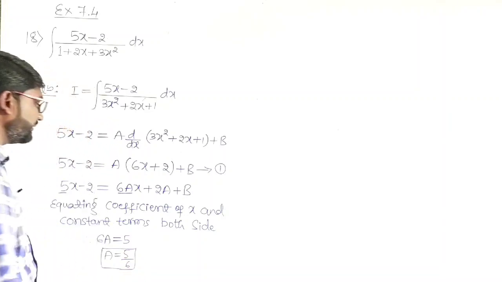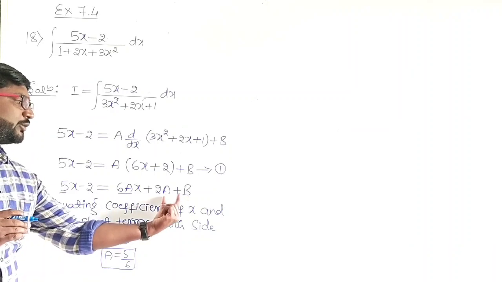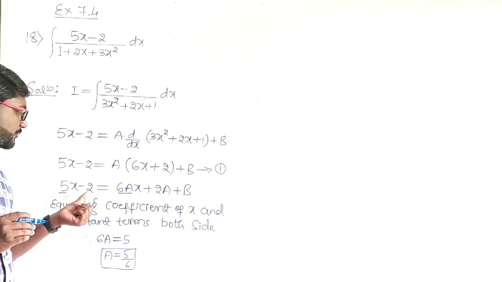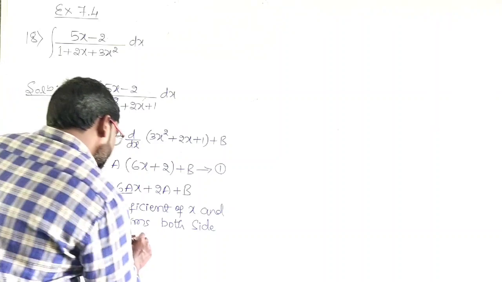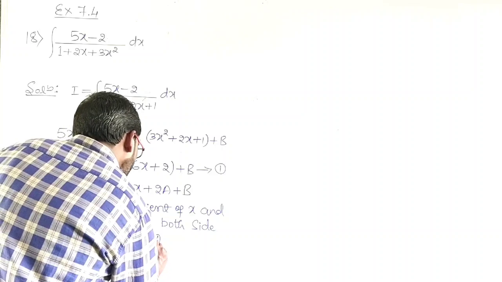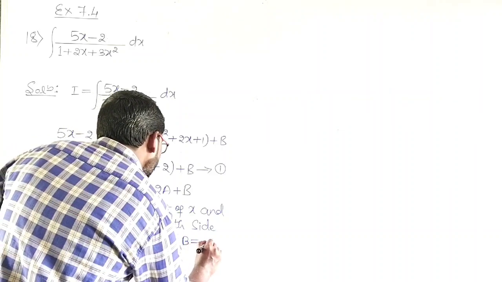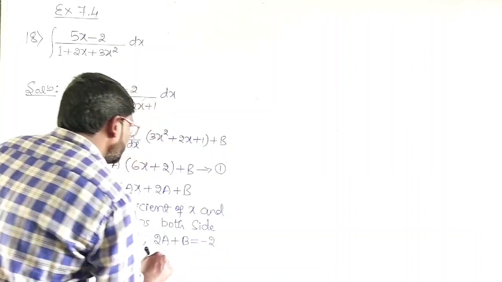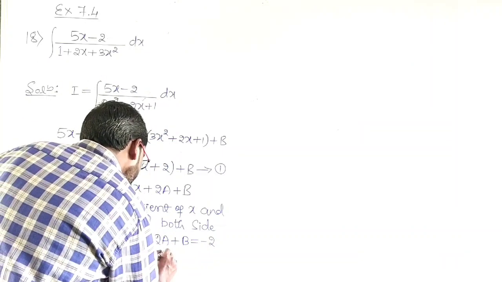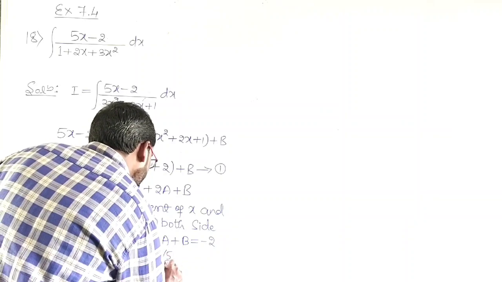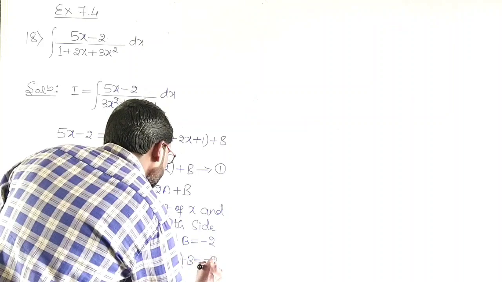Next we have to calculate the value of B. These two are the constant terms. 2A plus B is equal to what? On the LHS the constant term is minus 2. So I can write 2A plus B equals minus 2. We know the value of A. So 2 times, in place of A I write 5 by 6, plus B equals minus 2.